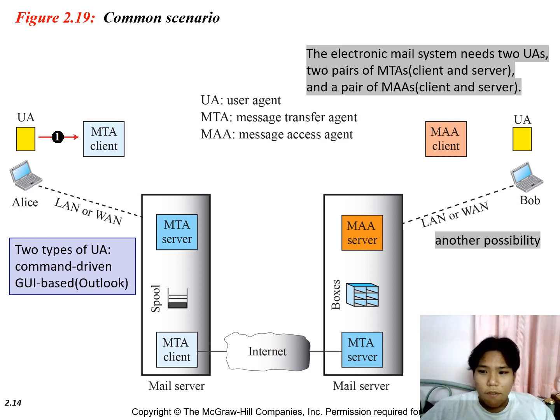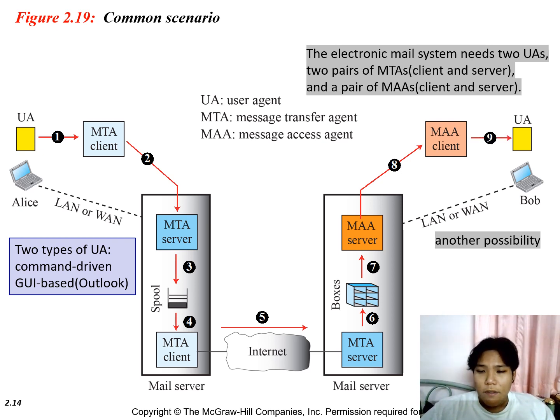So we start at the UA and then go to the MTA client and the MTA server. After that, it goes to the spool, then to the MTA client and the MTA server over the internet, then to the mailboxes, then to the MAA server, then to the MAA client, and ends with another user agent.